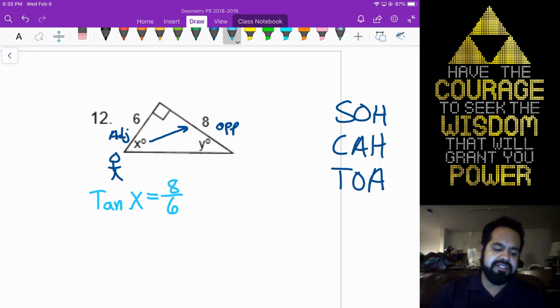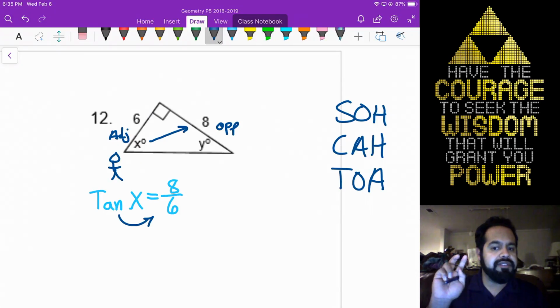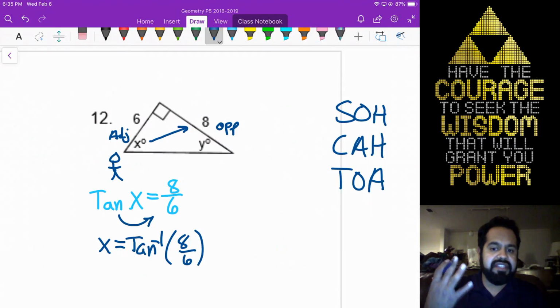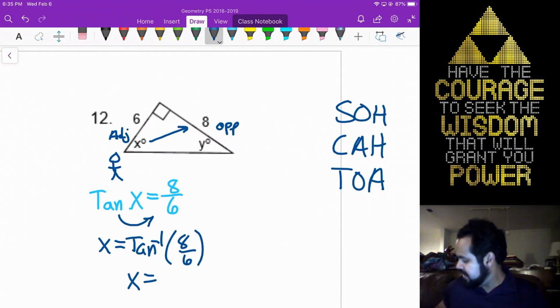Opposite over adjacent. To solve for the angle, remember I told you guys we can move that trig function over, but secretly what we're doing is we're taking the inverse tangent of both sides. We're saying, hey, what angle produces this ratio? So then that's going to give you said angle. If I had my calculator out and I was ready.